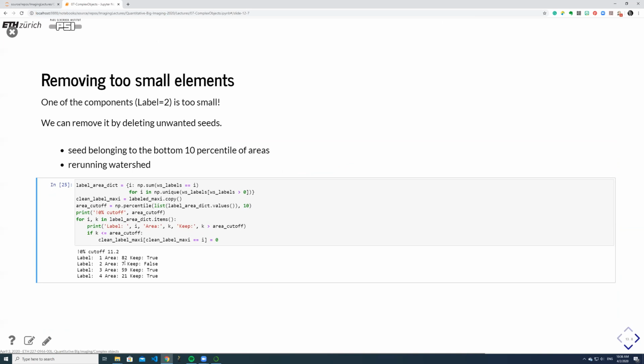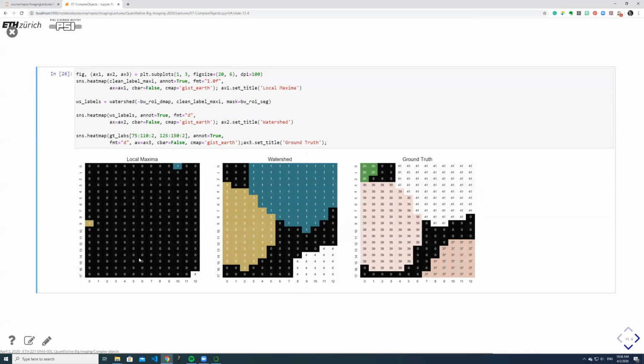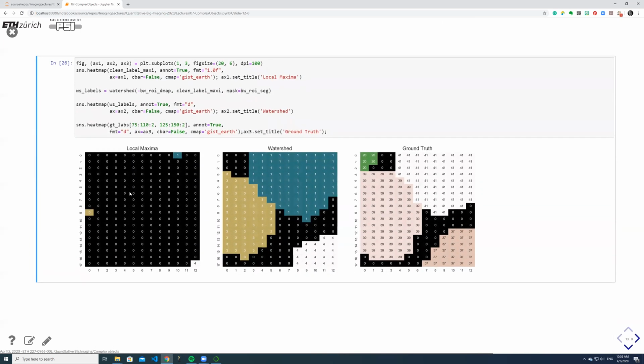So that's not really a relevant one. And now if we take that one out, we can start having these seed points again. And then you can actually produce nice 3 segments of the main blobs here. And again, we lost this one, but that is to be expected.